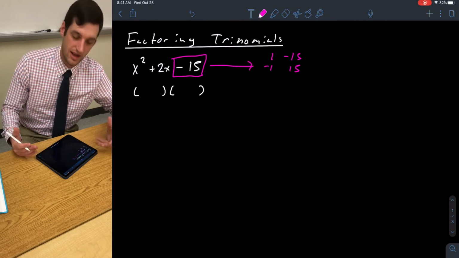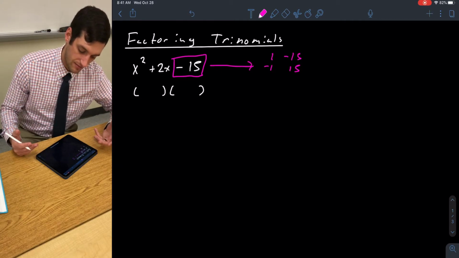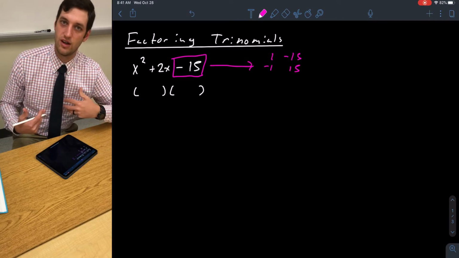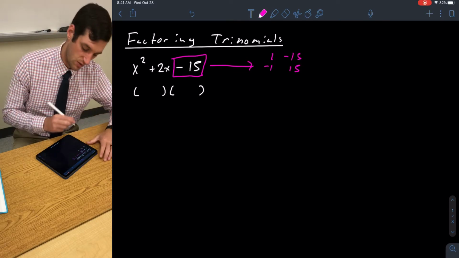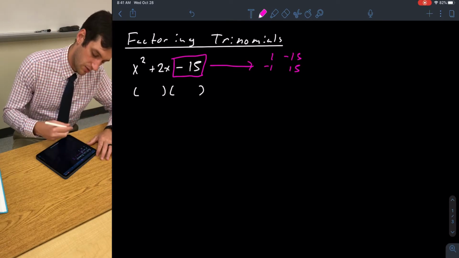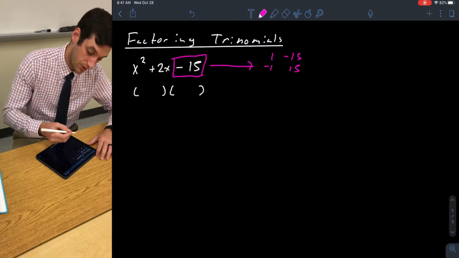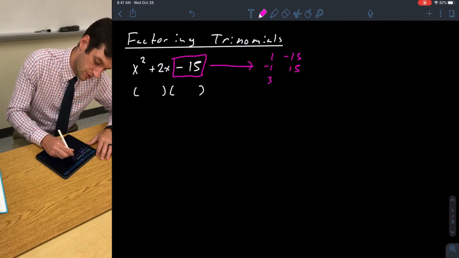You can do it in your head, but I'm going to list it all out. It may seem redundant, but I'm going to list it out so that it's very clear what exactly I'm doing. Okay, well, 2 doesn't go into 15. 3 does go into 15. So 3 and negative 5, and negative 3 and positive 5.